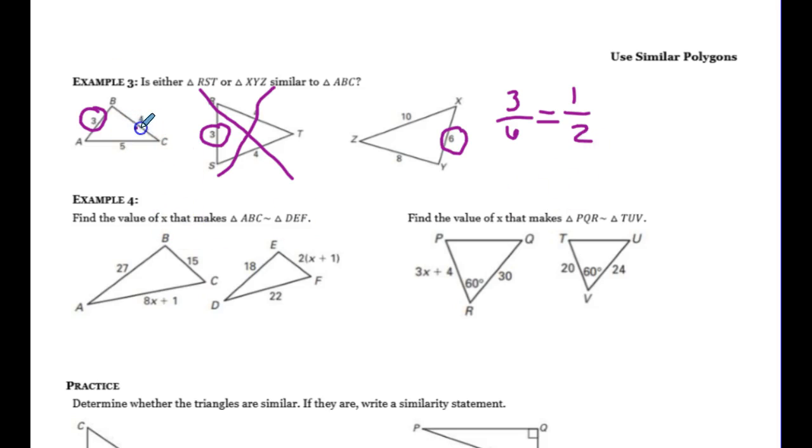And now I can look at my middle side, and over here it's 4/8, which is the same as 1/2. And then if I look at my last side, 5 and 10, also the same as 1/2. So my triangles are similar by side, side, side, similarity.